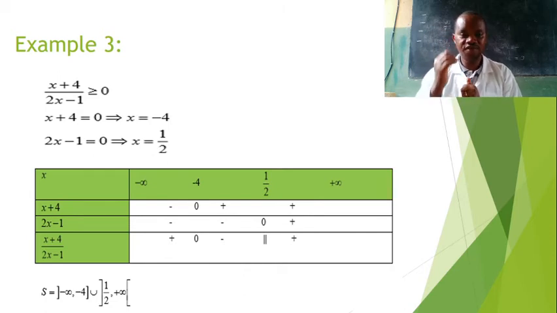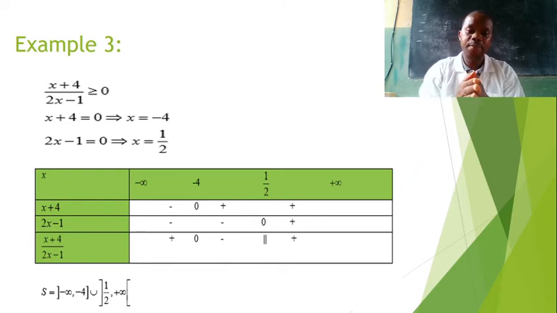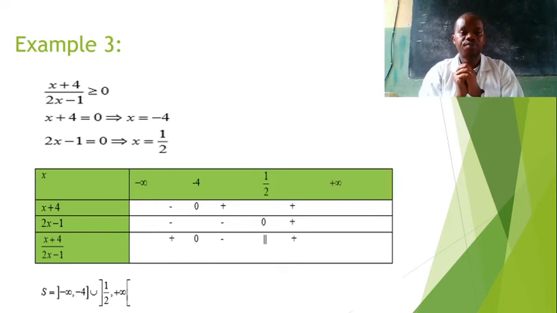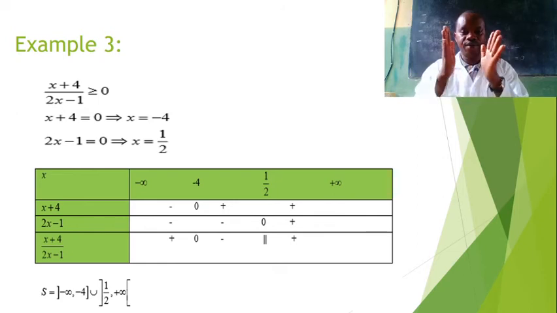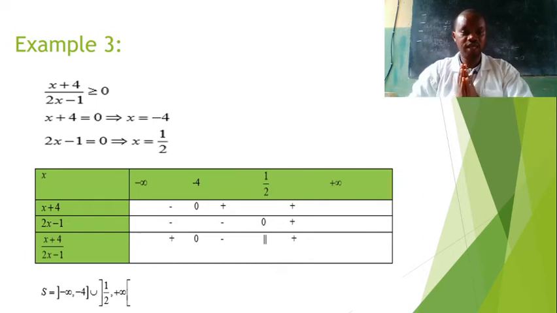It means that we will not put 0 as usual, but we will put the two signs, the smaller segment of lines, showing that x plus 4 over 2x minus 1 is not defined.